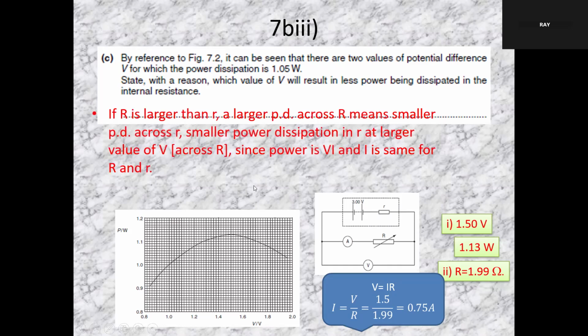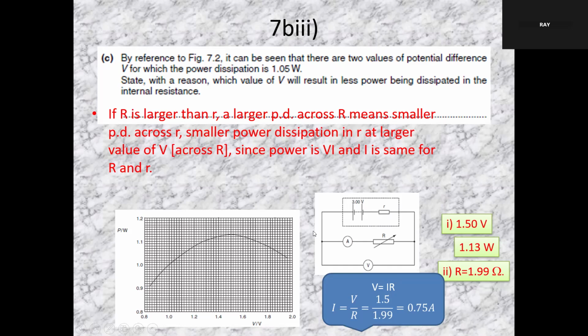R is larger, so a larger PD across R means smaller PD across r. These two are a potential divider: greater resistance here, greater PD across here, less PD across here.